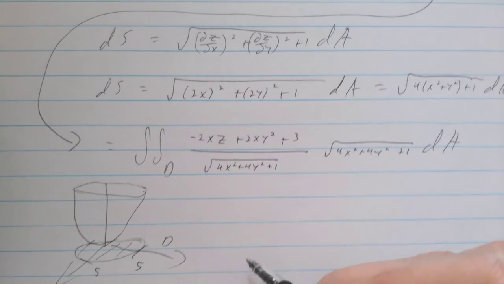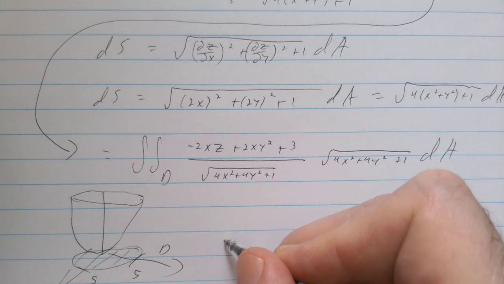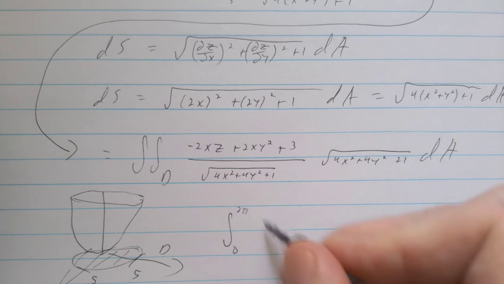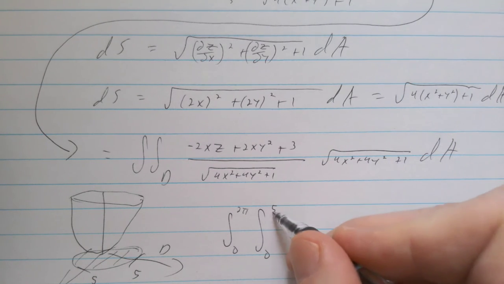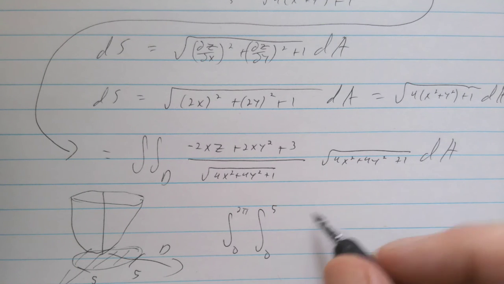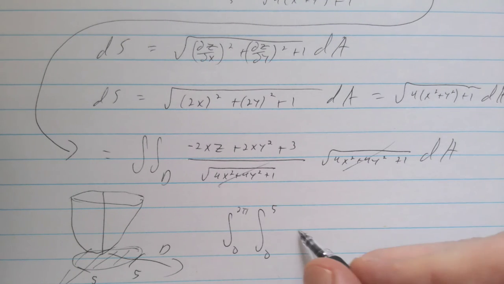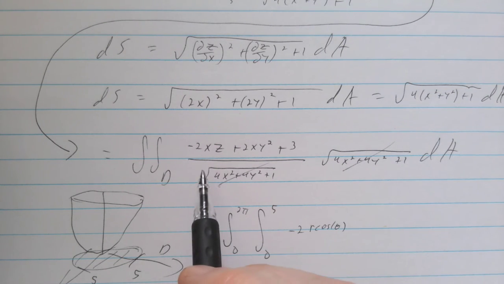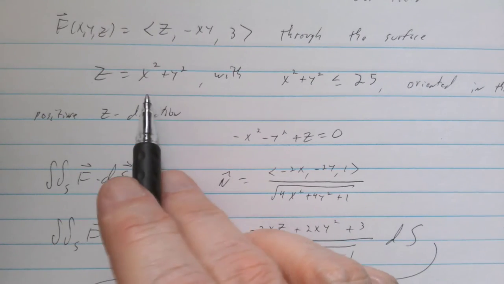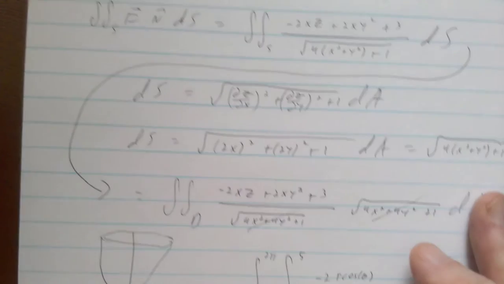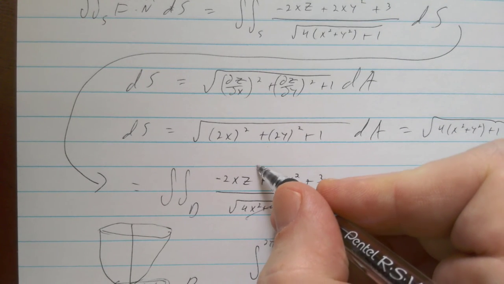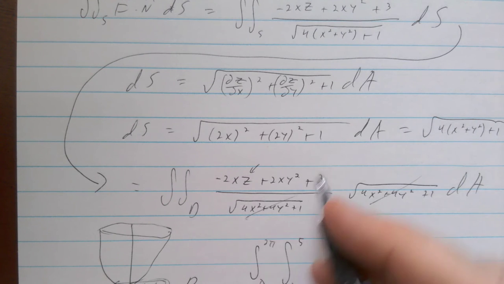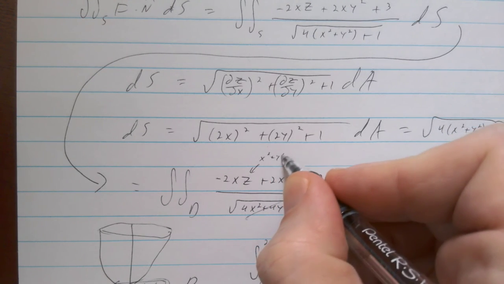So if I convert to polar, it'll be a little messy, but we're going all the way around, 0 to 2 pi. R will go out radially, 0 to 5. These cancel, and this will be negative 2 r cosine theta. I forgot to do one step. For z, I have to put in what z equals for my surface. On the surface, z is x squared plus y squared. You're only allowed the two variables there, so I have to put x squared plus y squared in for z.